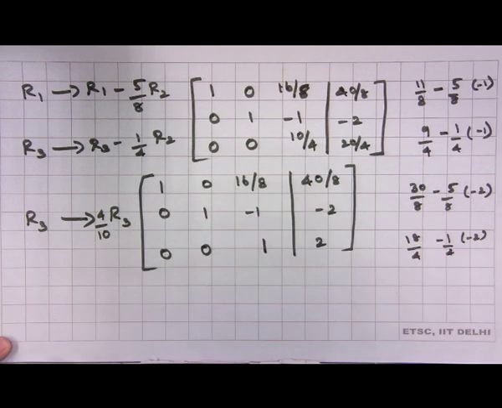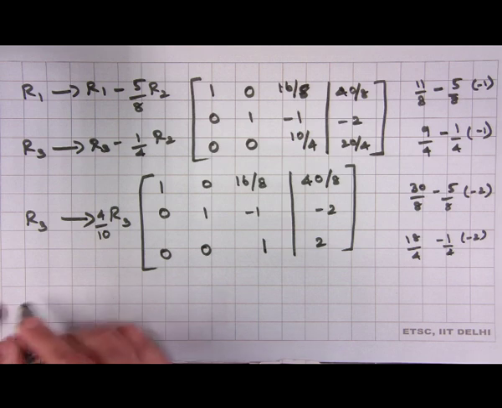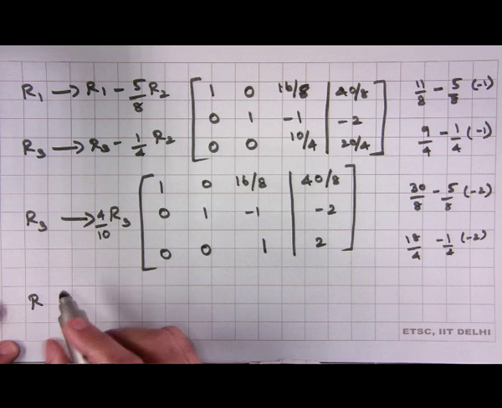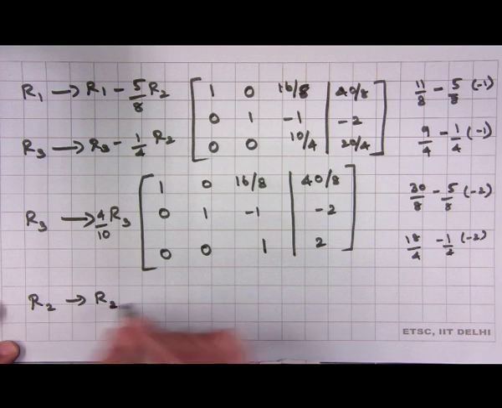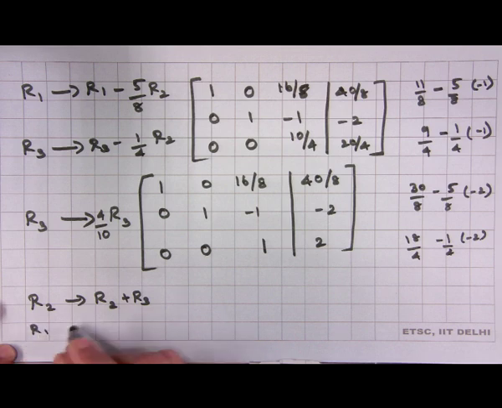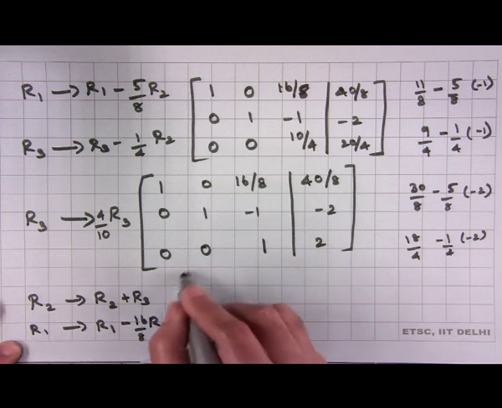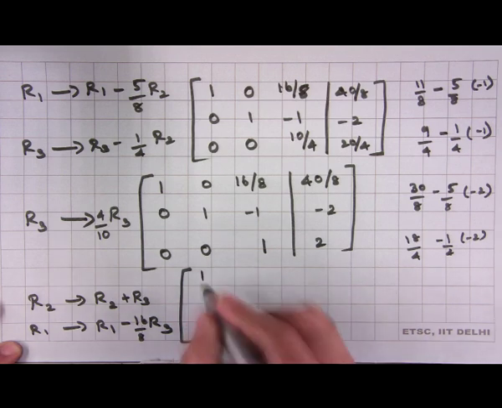Convert the other elements into 0, these two. So, R2 is replaced by R2 plus R3, R1 is replaced by R1 minus 16 by 8 into R3. First and second column remain unchanged.